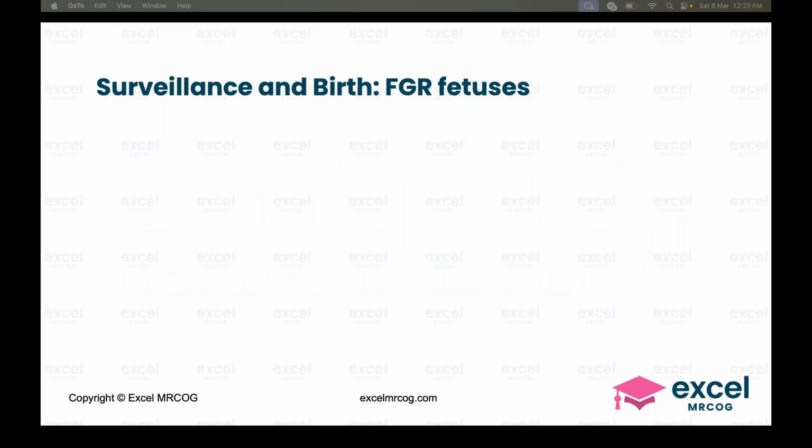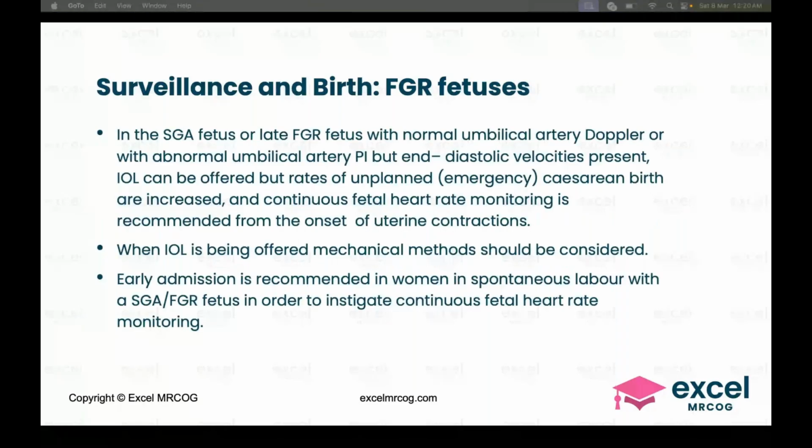Now, in the SGA fetus or late FGR fetus with normal umbilical artery Doppler, or with abnormal umbilical artery PI but end diastolic velocities present, IOL can be offered. In SGA, we know that IOL can be offered safely. But in FGR, we are a bit worried if there are umbilical artery Doppler changes.